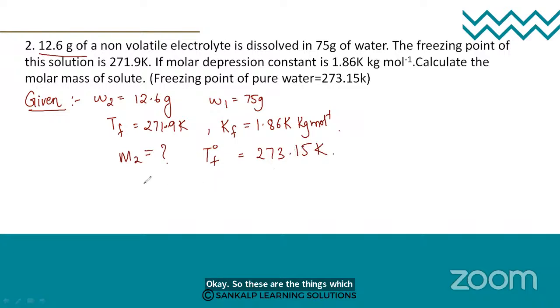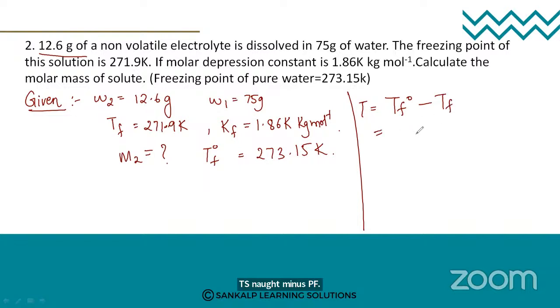Now, based on this, we have the formula for depression in freezing point. First, we have to find the difference in the freezing point, delta TF, which is equal to TF naught minus TF.